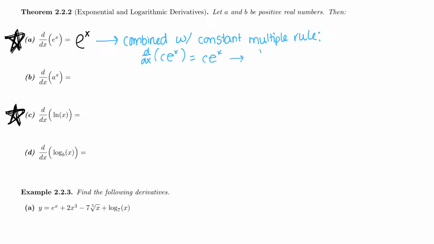So as an example, if you took the derivative of 2e to the x, it's 2e to the x. If you took the derivative of negative 4e to the x, it's negative 4e to the x. So having a number in front of the e to the x doesn't change what's happening. It still ends up being the derivative of e to the x. And that's pretty neat. That's a pretty nice derivative, if I do say so myself.